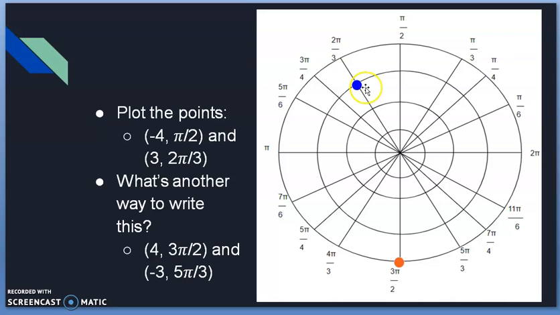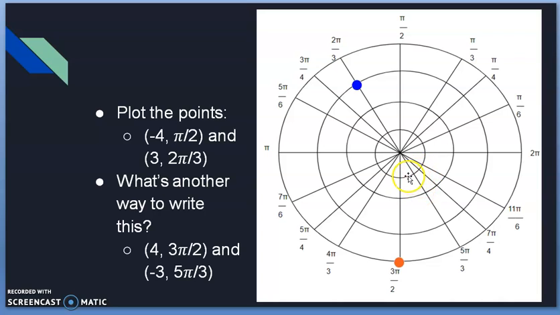If we go across our polar plane, we can graph it with a negative r value. I'll still have to go out 3 units, and we'll be going across from the angle of 2π/3 to 5π/3. So we can also write this as (-3, 5π/3).